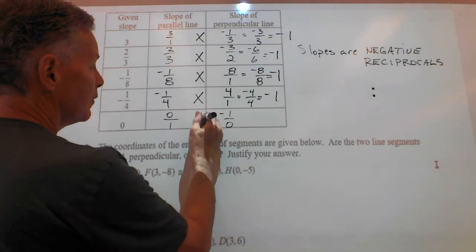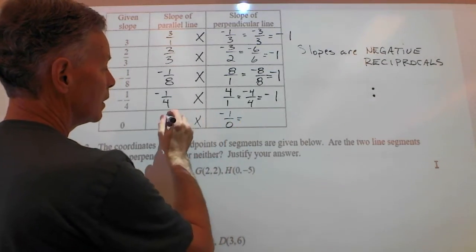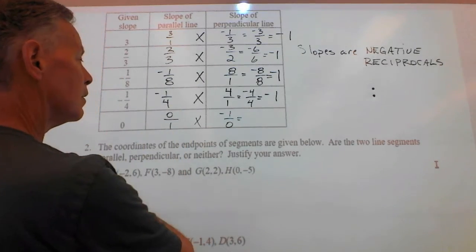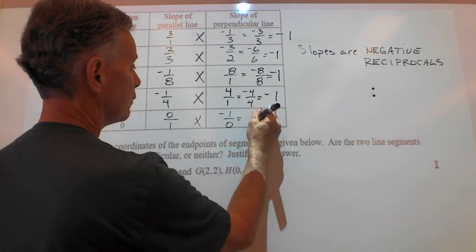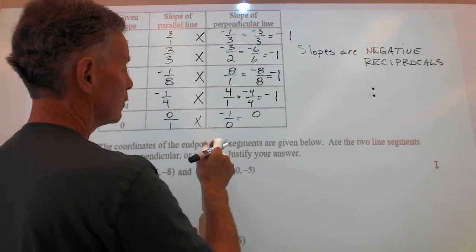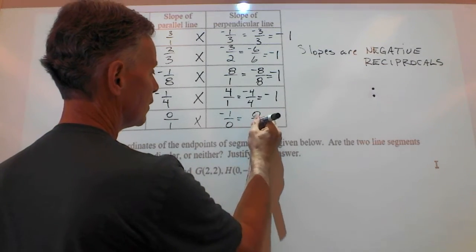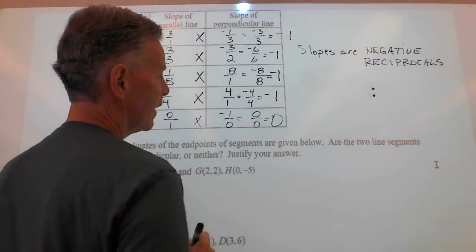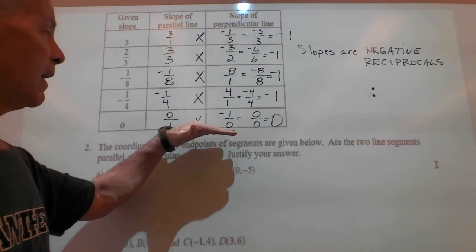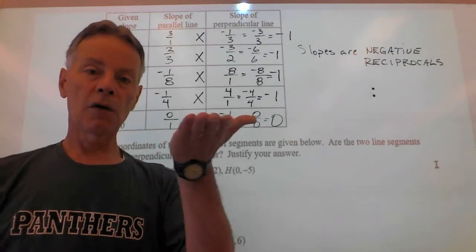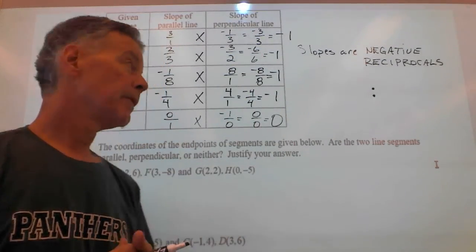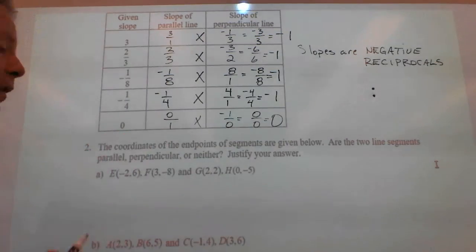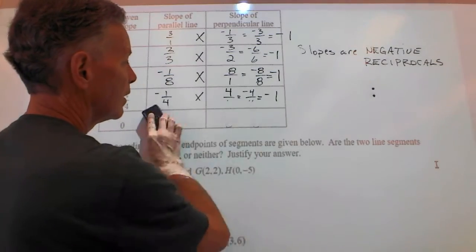But still, if you multiply these together, you will get not negative 1. 0 times negative 1 will give me 0. 1 times 0 will give me 0. That simplifies to 0. So again, these horizontal and vertical lines just don't want to play along, okay? So again, remember, horizontal and vertical lines does not apply.